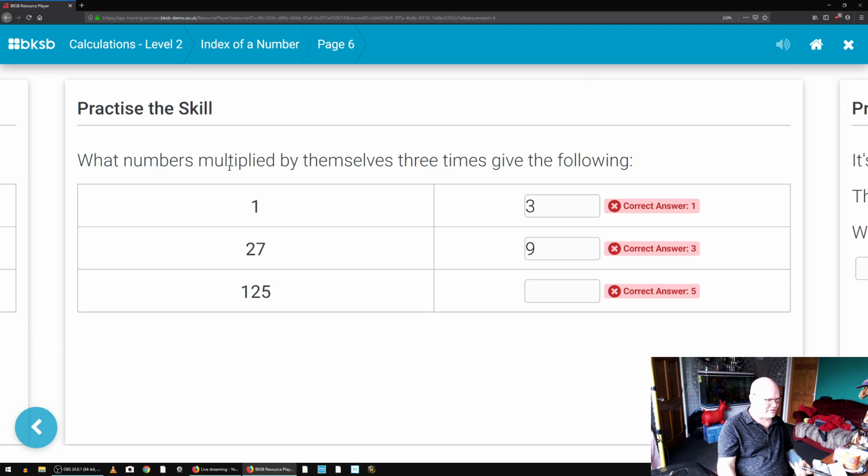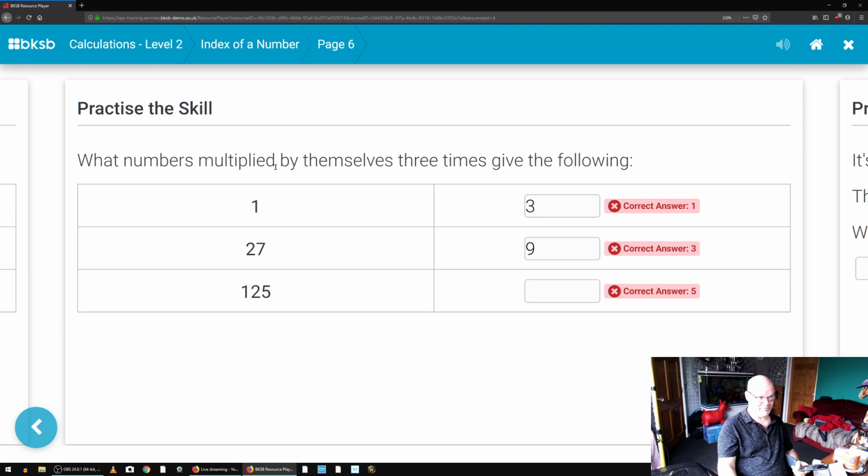What numbers multiplied by themselves 3 times, the question doesn't even make sense. 3 times what? 3 times 3 times 3? Is that what they're trying to say? I just don't understand the question.